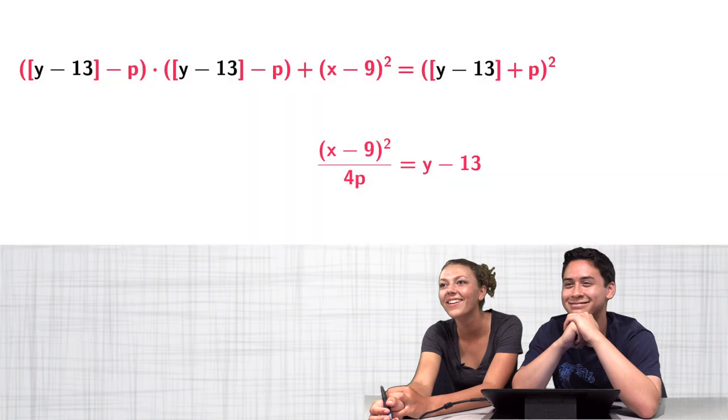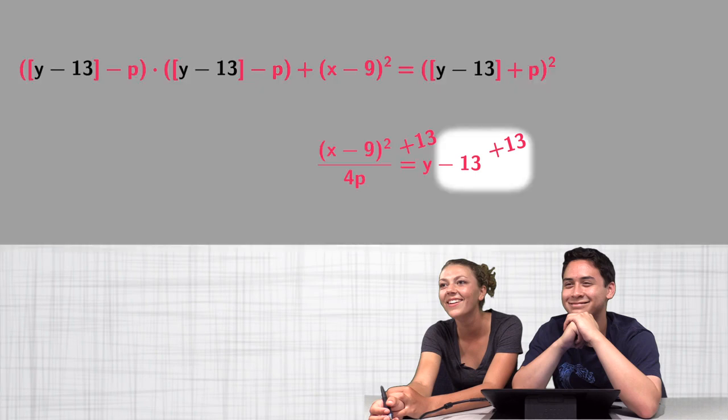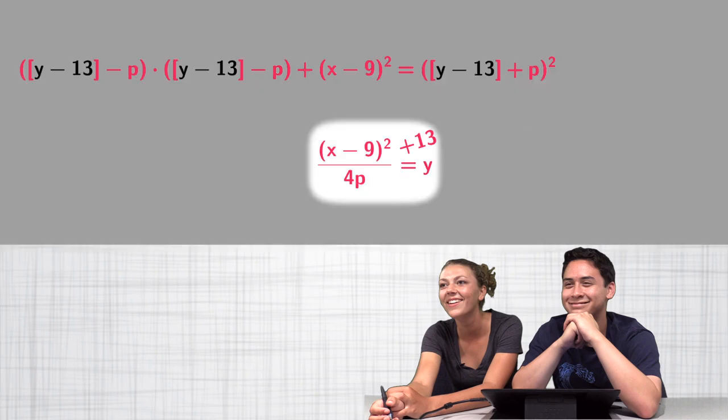Finally, they added 13 to both sides of the equation. So the equation for a parabola with vertex at 9, 13 and an unknown p-value is y equals the quantity x minus 9 squared divided by 4 times p plus 13.